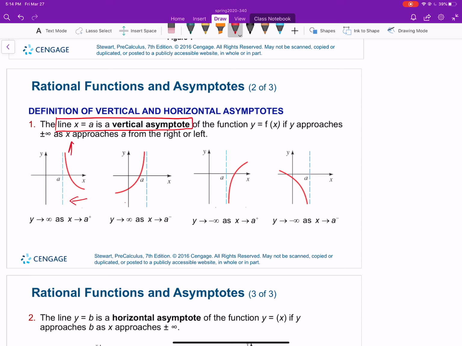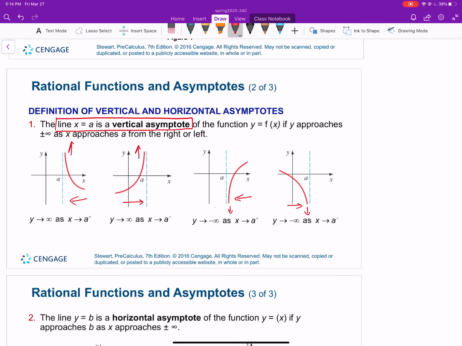If you're coming from the left of a, you are going to positive infinity. Likewise, if you're coming from the right of a, you're going to negative infinity. And then if you're coming from the left of a, you could be going to negative infinity.